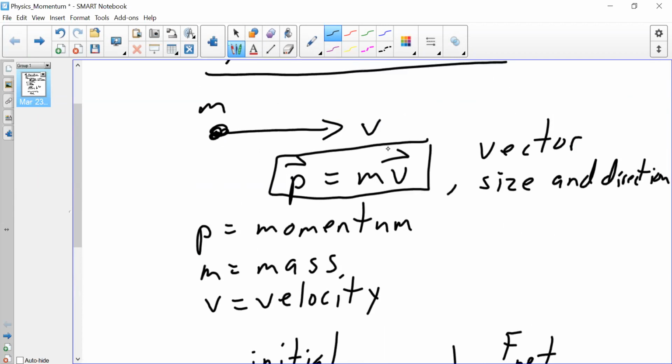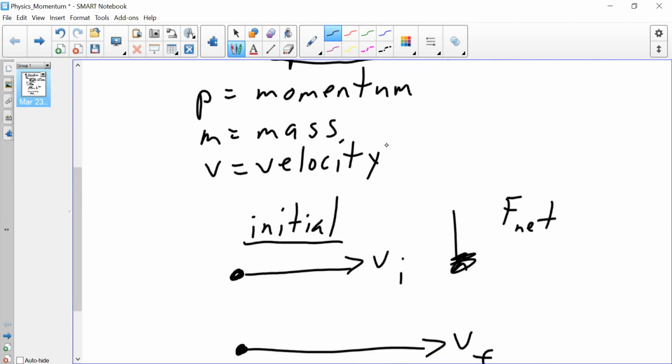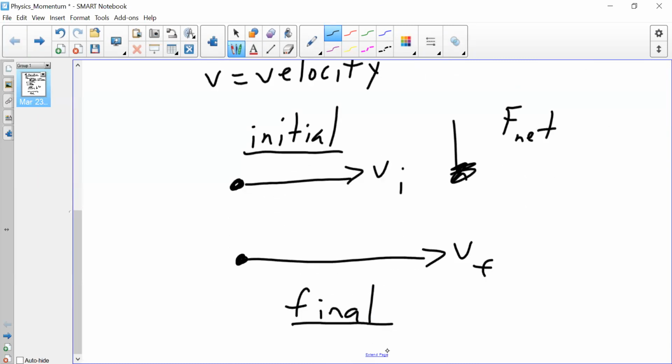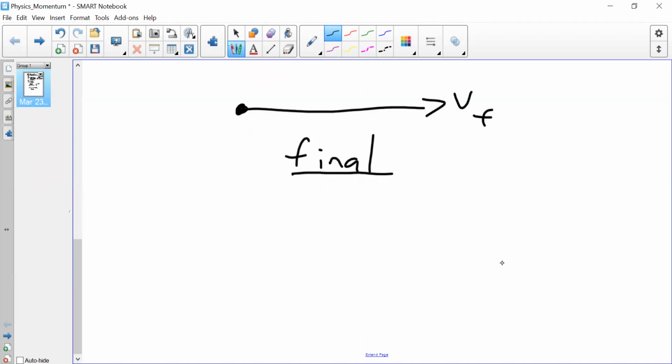P equals mv is just moseying along, and then the hockey stick comes in and changes the speed. So what we do know about the situation initially is that by Newton's second law, the net force applied on an object is equal to mass times acceleration.